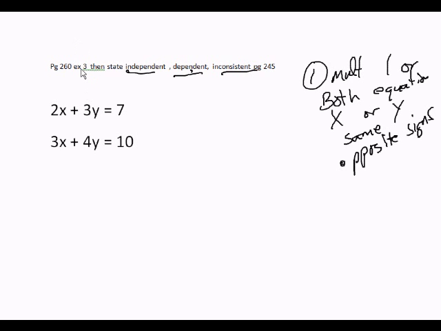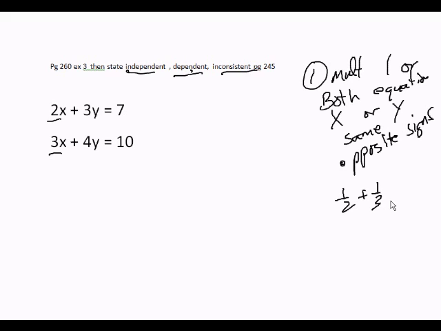Now, which one do we want to get the same? The x's or the y's? It really doesn't even matter here. Let's do the x's. Now, what's the common denominator between 2 and 3?